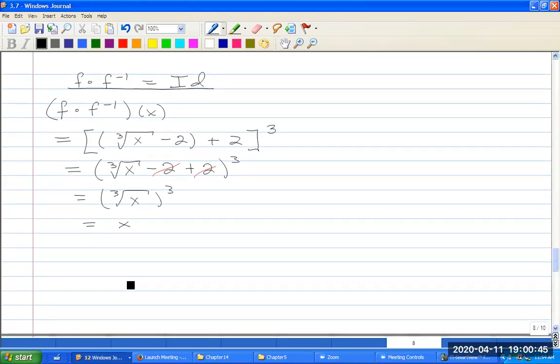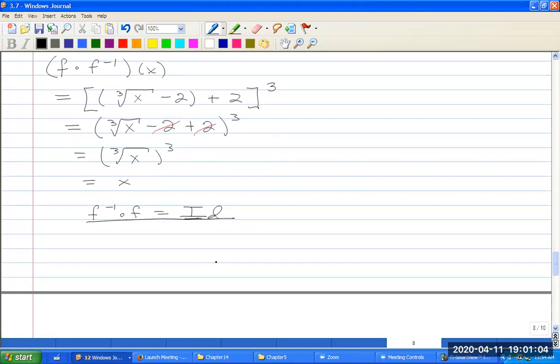So let's do the f inverse composed with f. I want to show that f inverse composed with f is the identity. Wherever I see an x in the formula for f inverse, I'm going to replace x by the formula given by f, x plus 2 quantity cubed.